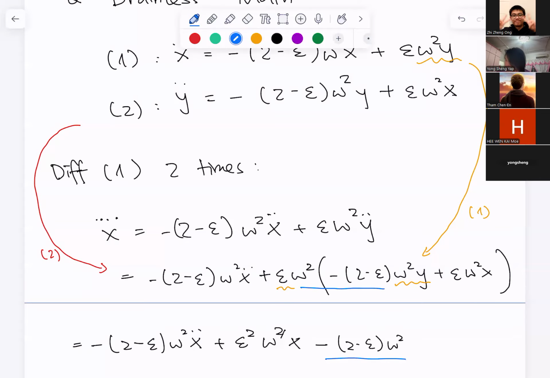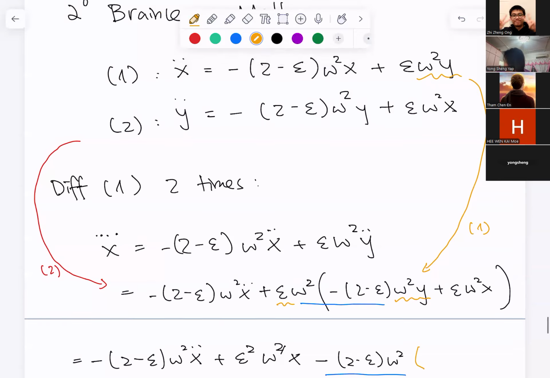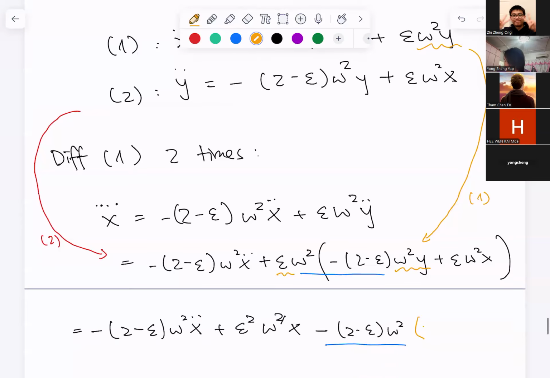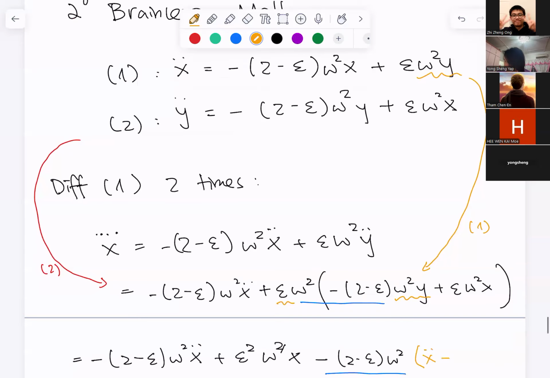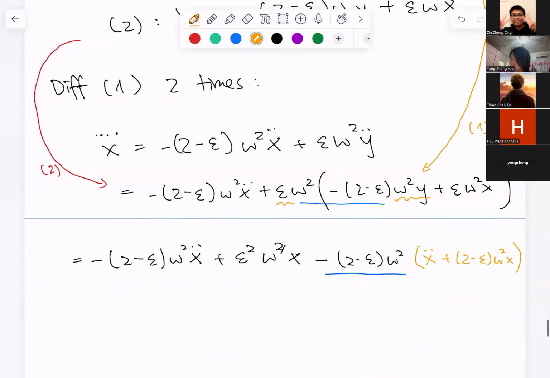And then epsilon omega squared y, you have from here x double dot minus of plus 2 minus epsilon omega squared x. Okay, and then you get an equation of motion that x to the 4th dot is equal to -2 minus epsilon omega squared x double dot.